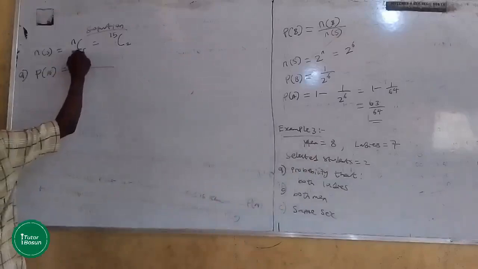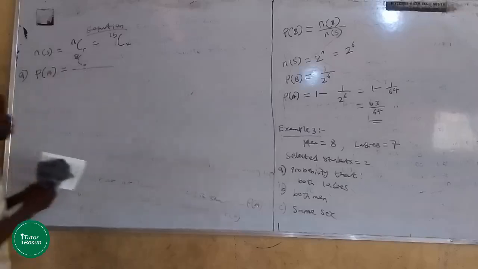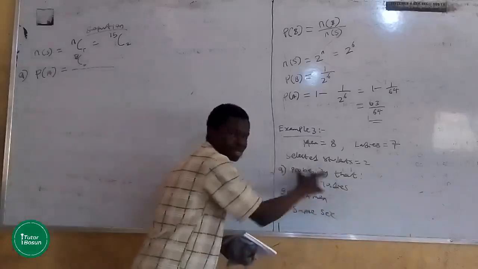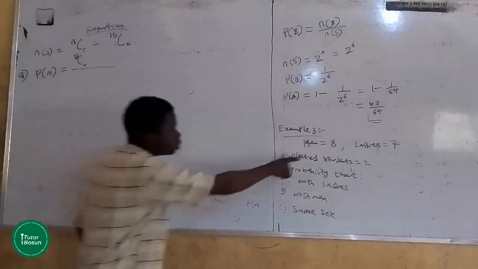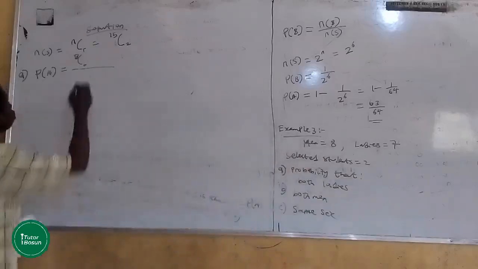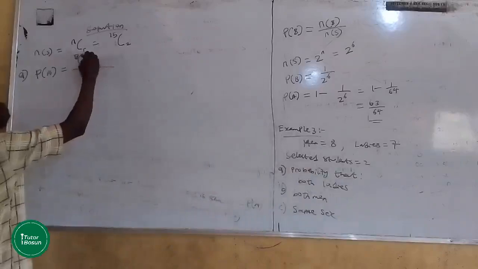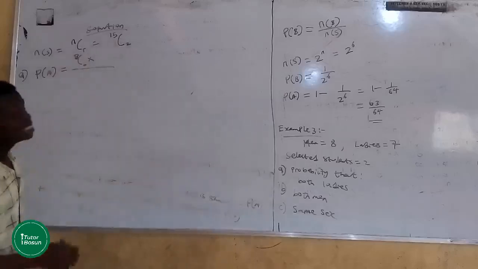8 combination 0 because we don't want men in A. We don't want men at all. So that's why the number of men here is 8, and that's why it is 8 combination 0, multiplied by the total number of ladies, which is 7.